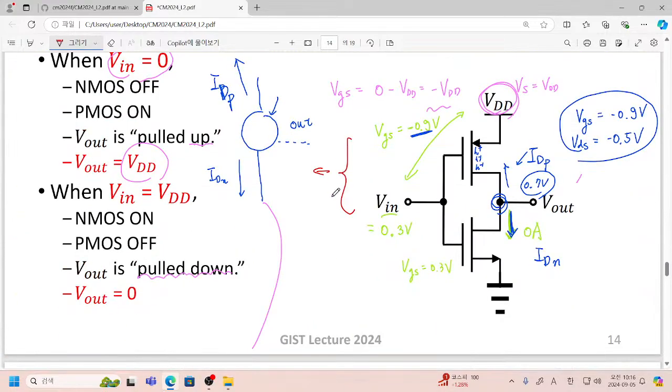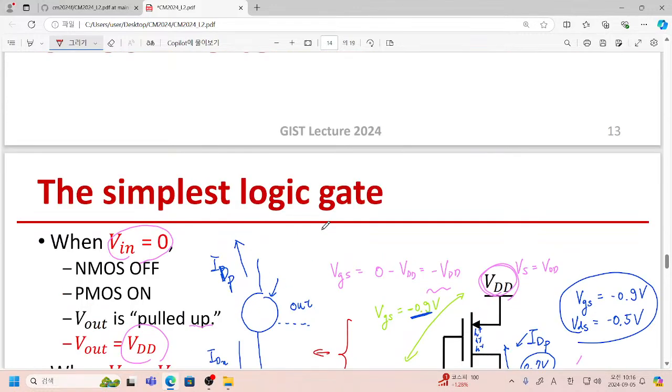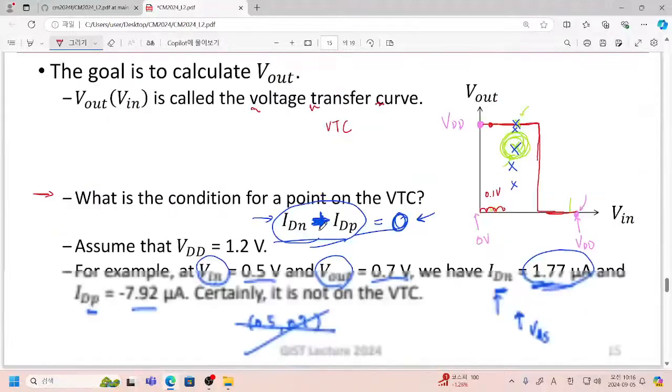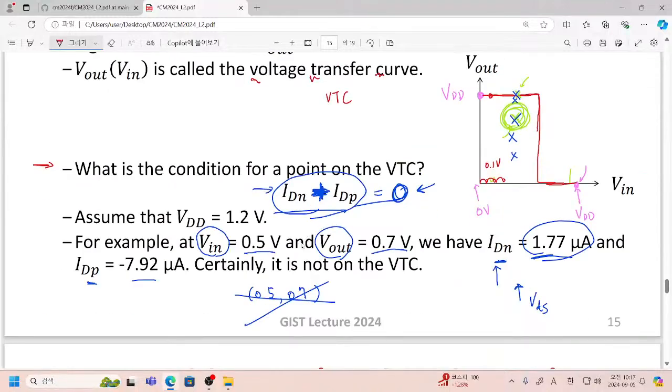By combining them together, we can build a CMOS inverter, and the operational condition for the CMOS inverter is that the sum of their drain currents should vanish. And now our goal becomes just finding a solution of this simple one variable equation. However, this one variable equation is a little bit complicated.